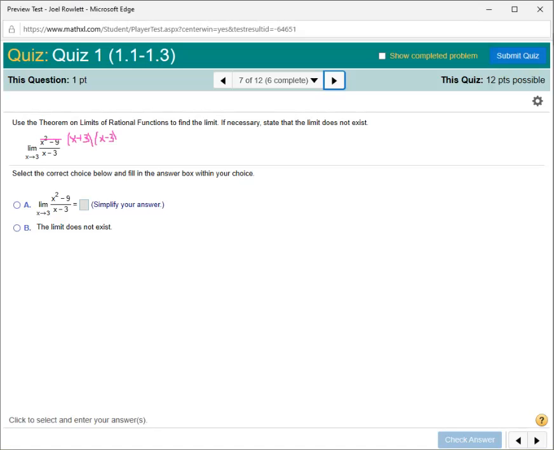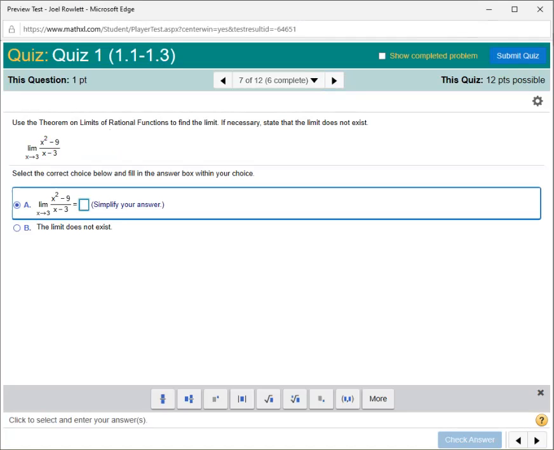And this is exactly how you would factor x squared minus 9. And notice that the x minus 3's will cancel. And now that I no longer have a fraction to worry about, the domain is unrestricted, so I can now plug 3 straight in for x, because that's the number we're approaching, and 3 plus 3 is 6. So that limit would be 6.